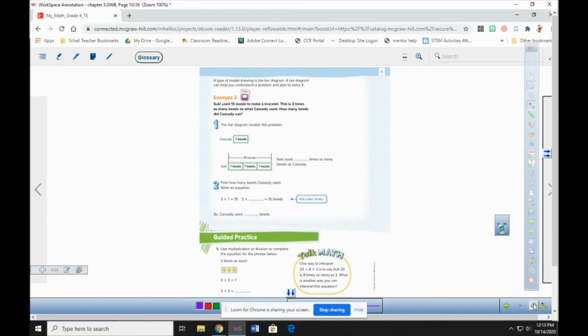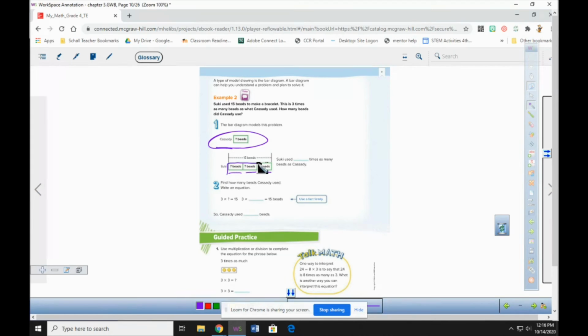We're going to use a bar diagram to model this problem. Here you can see they're saying Cassidy's beads that she used is a question mark. So we have a box with question mark number of beads. Then for the bar diagram, because we know that it's 3 times as many as what Cassidy used, they've taken that box with the question mark and they've put 3 of them right next to each other.